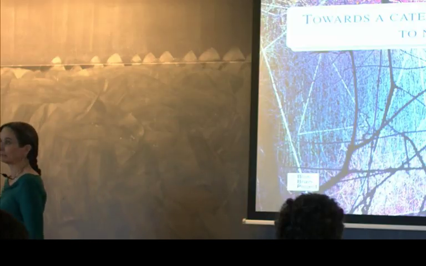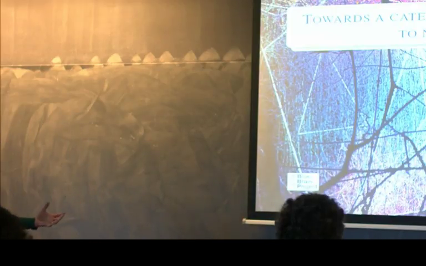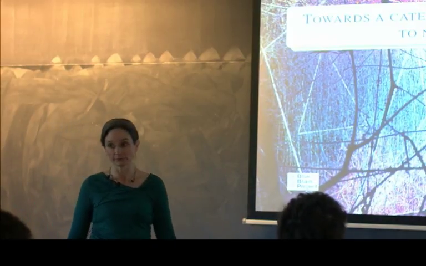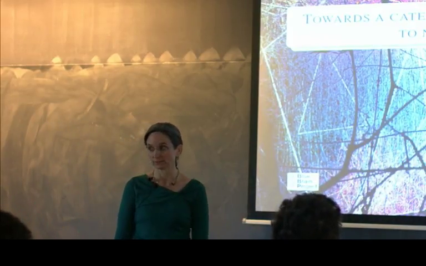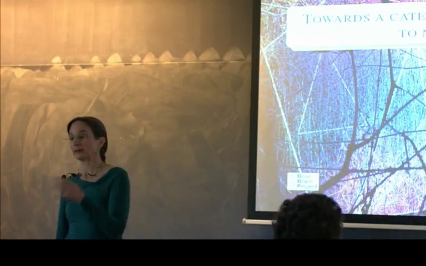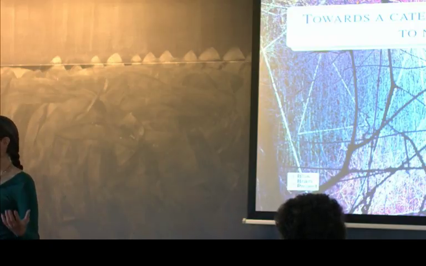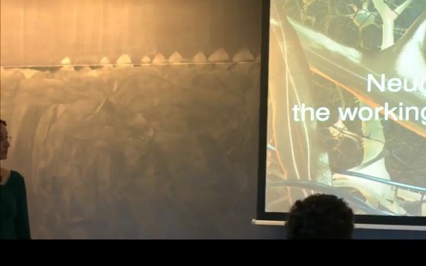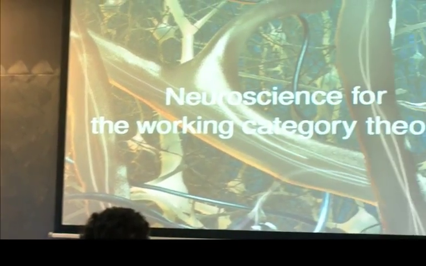Then a bit of sheer speculation about what category theoretic tools might prove to be useful, what frameworks might turn out to be helpful within the context of neuroscience. And then at the end, I'll explain some of what we've seen using the tools of algebraic topology in neuroscience, which may be a source of inspiration for some of the things we can do in category theory. So, neuroscience with a working category theorist.